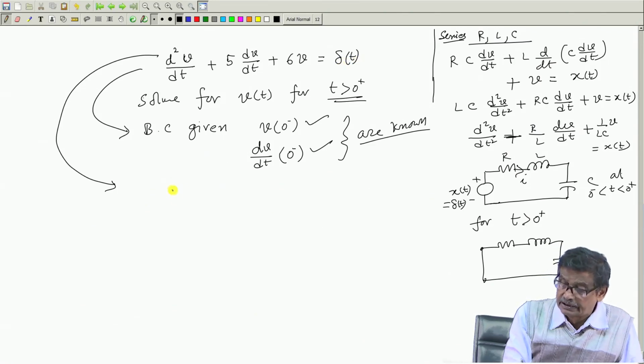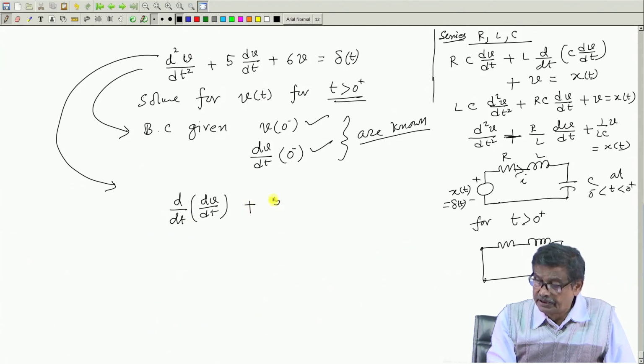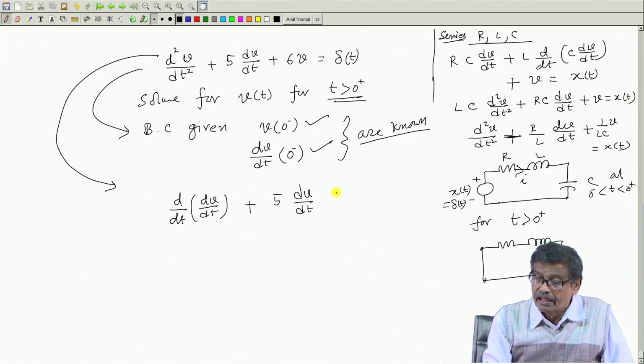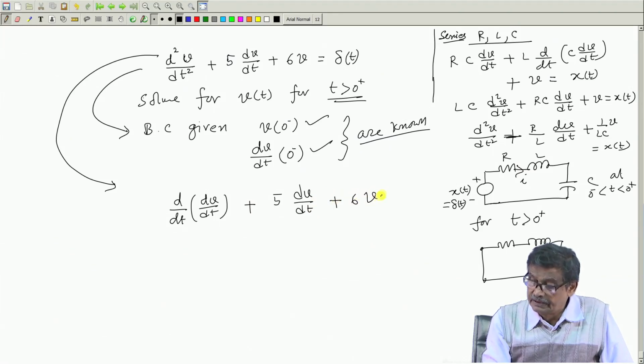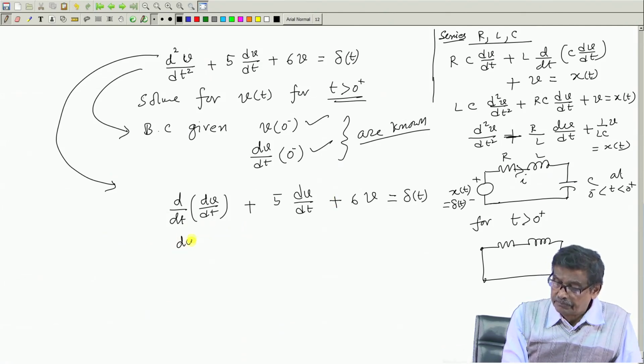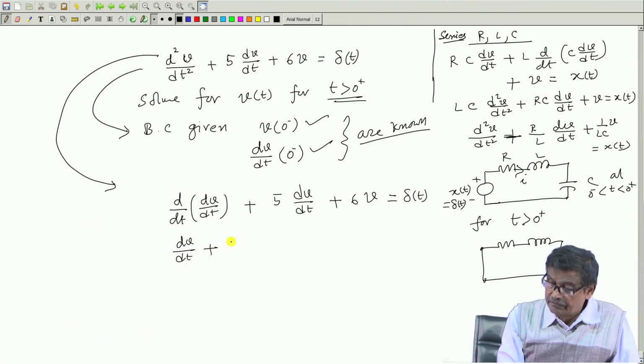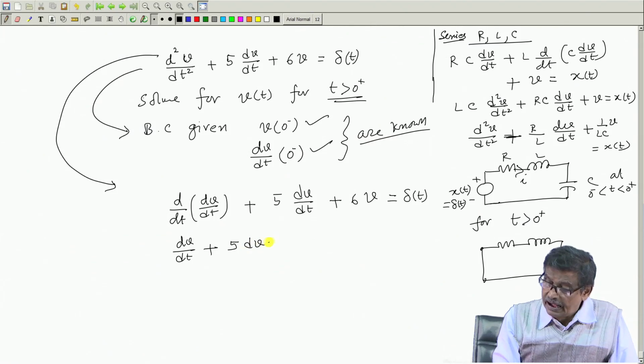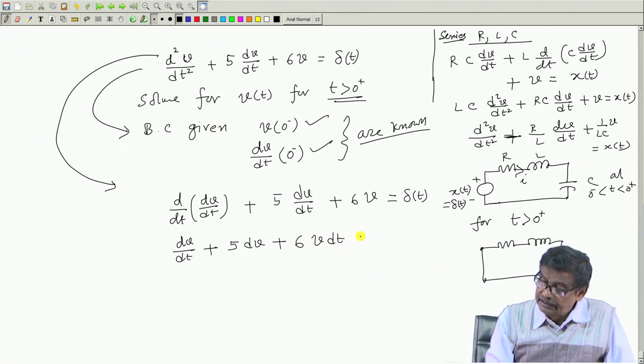So, multiply both sides with dt. This was actually d/dt of dv/dt, plus 5 dv/dt, plus 6v, and that is equal to delta(t). Now, I will multiply both sides by dt, so that it will become d(dv/dt), plus 5 dv, plus 6v dt, and that will be equal to delta(t) dt.